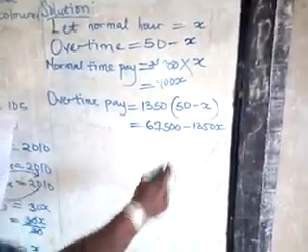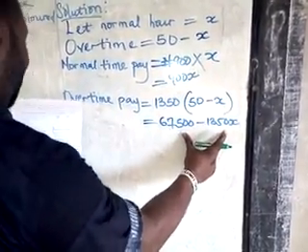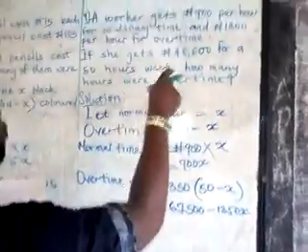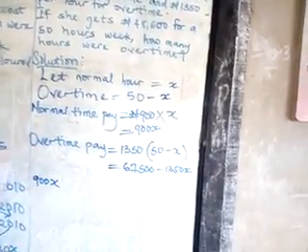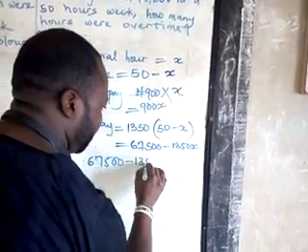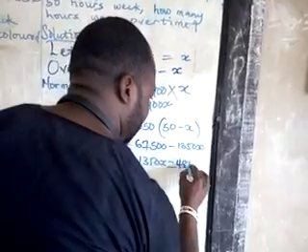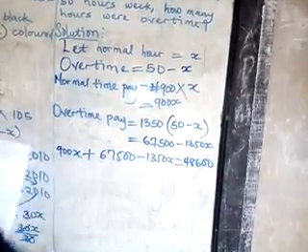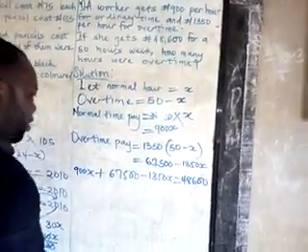So since we already know the amount for normal time and the amount for overtime, then from the question we were told that if she gets 48,600 for 50 hours week, then that means our 900x plus 67,500 minus 1,350x will now equal to what? 48,600. I want to believe you are getting that now. So what's the next thing? Let's collect the like terms.